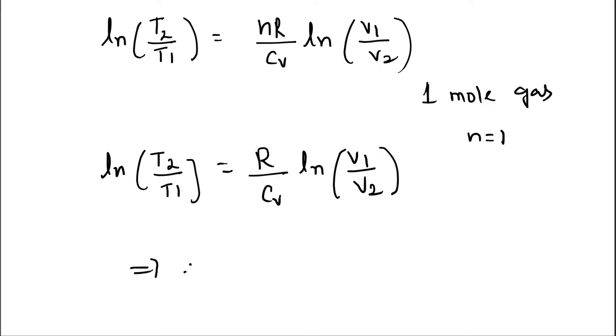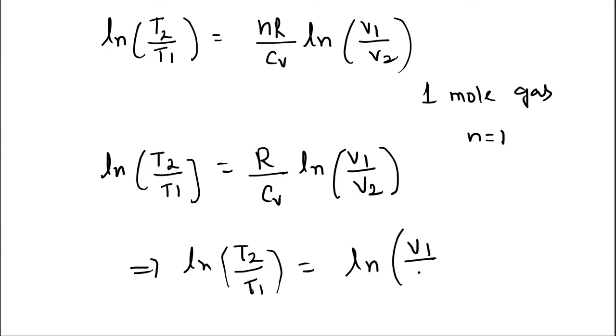So ln T2 over T1 is equal to ln V1 over V2 raised to the power of R over CV. What is the formula here? n times ln A equals ln A raised to the power of n.